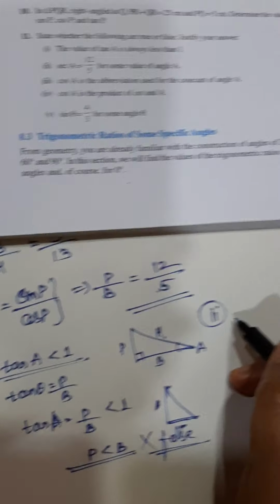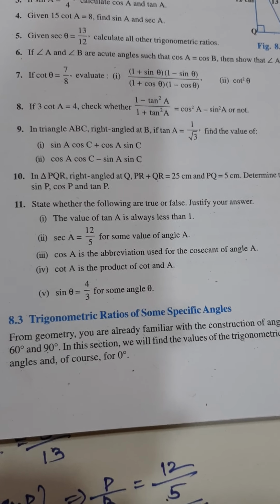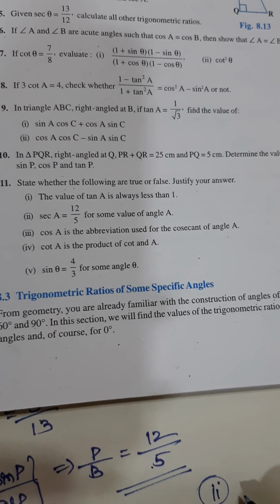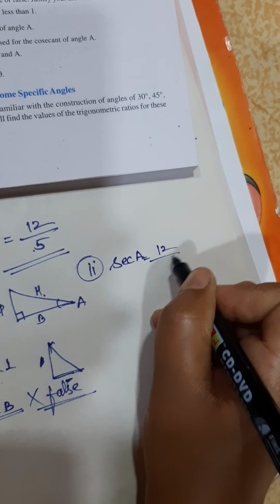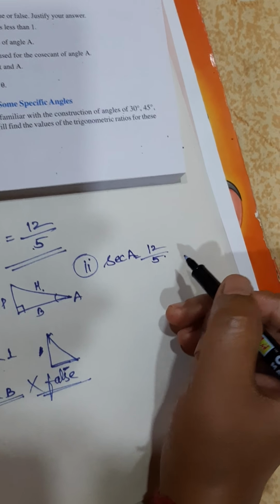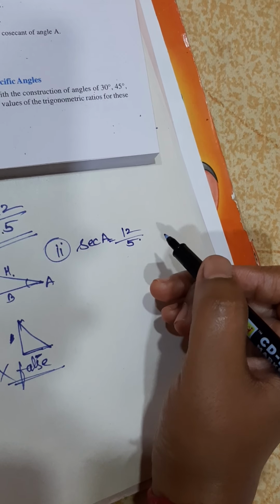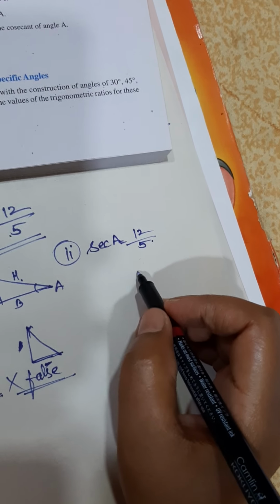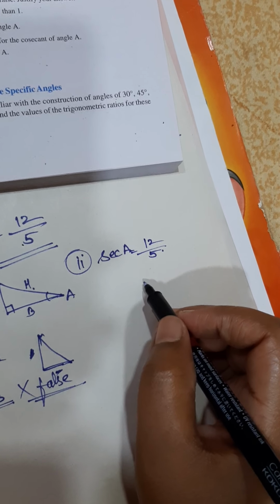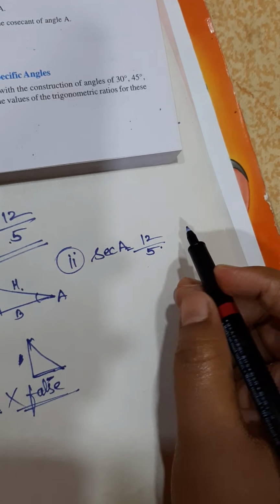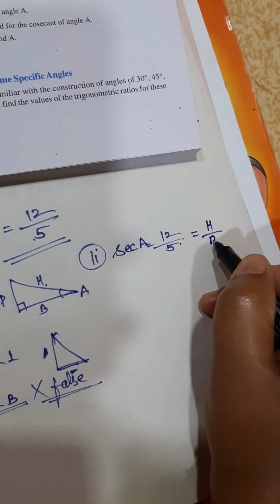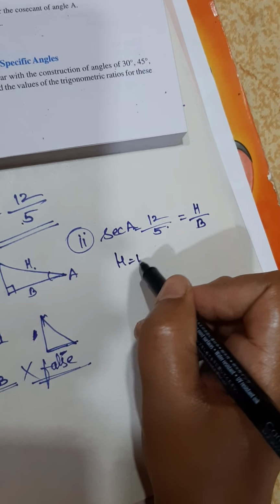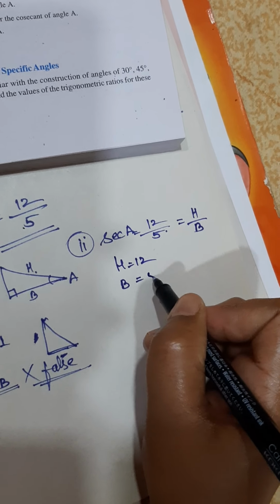Let's see our second one. They have given secant A is equal to 12 by 5 for some value of angle A. The secant formula is H by B. So here H is equal to 12 and B is equal to 5.